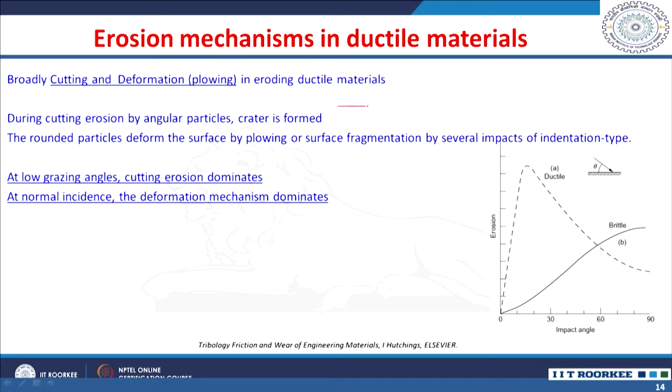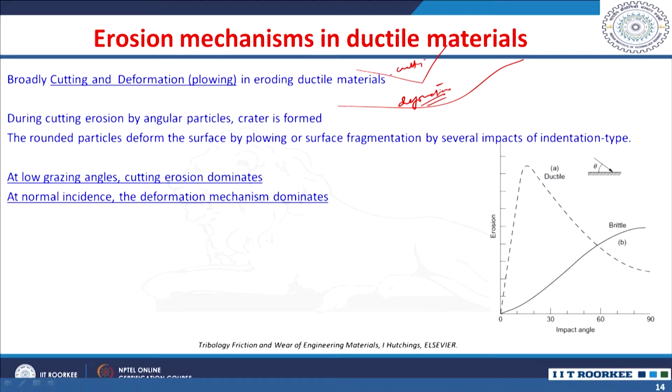So, you will have the lip removal if you have this cutting, or simple deformation which we call ploughing, right. During cutting erosion by angular particles a crater is formed, while the rounded particles deform the surface by ploughing or surface fragmentation by several impacts of indentation type.